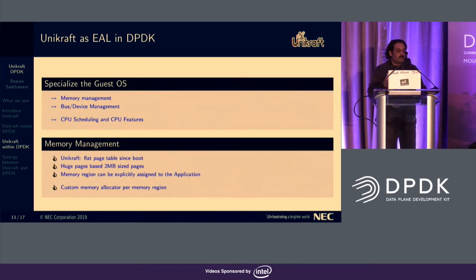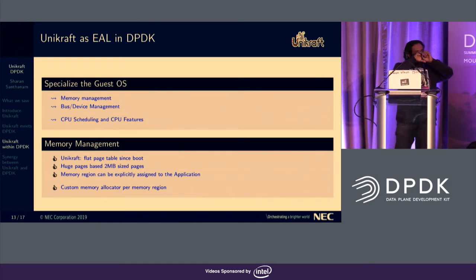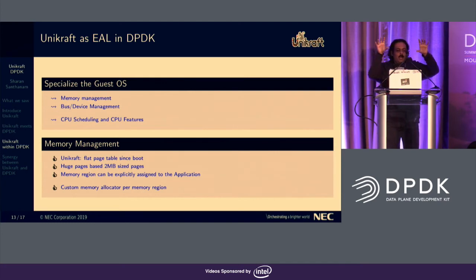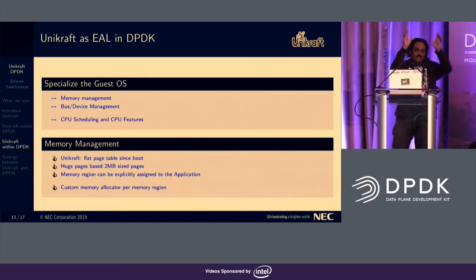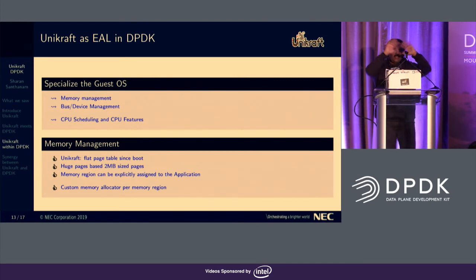In terms of memory management, what we have with Unikraft is huge page-based page tables, which are 3-level hierarchies. We map a single Unikernel with about 1 GB of memory, and we hand it over to the application, and it is up to the application to control the entire memory space.